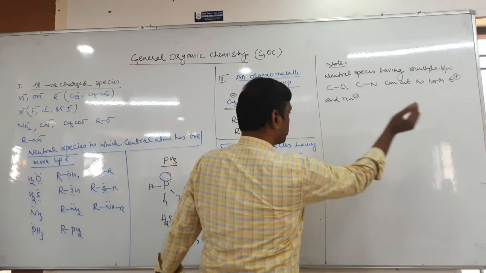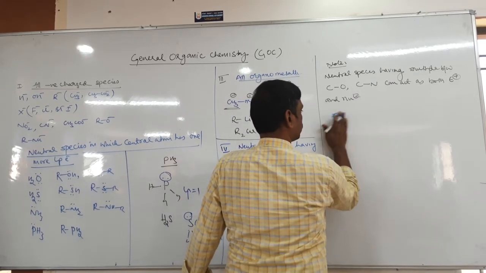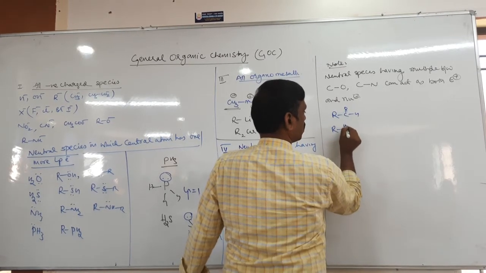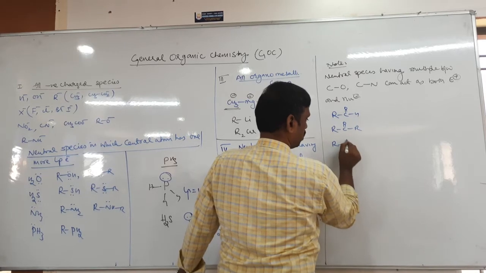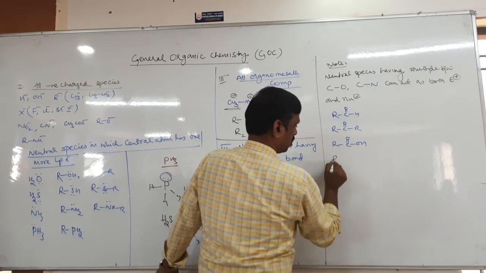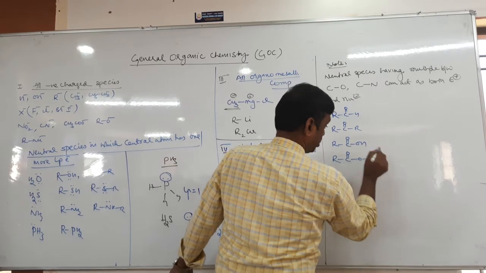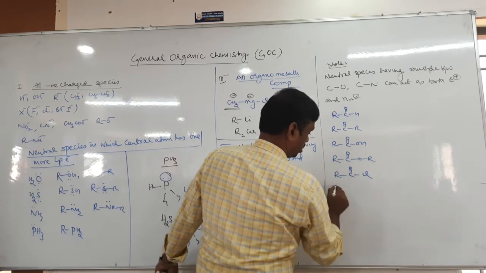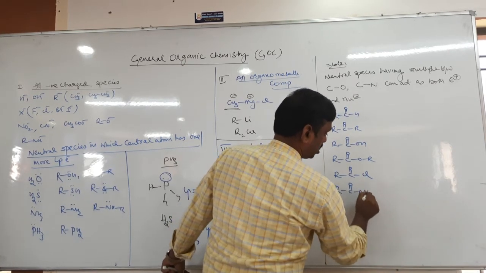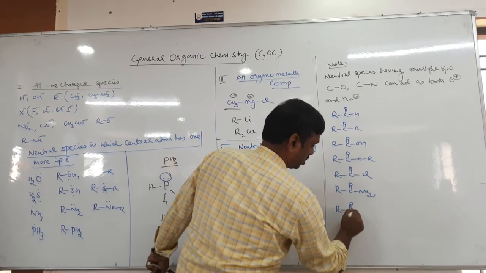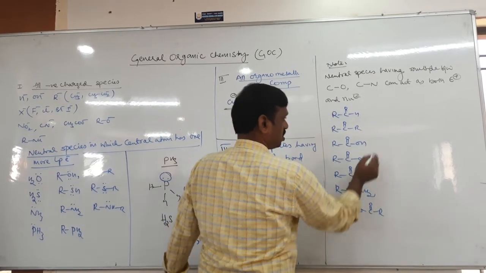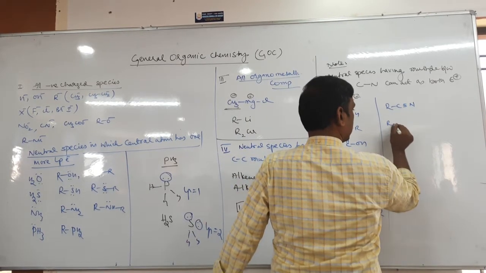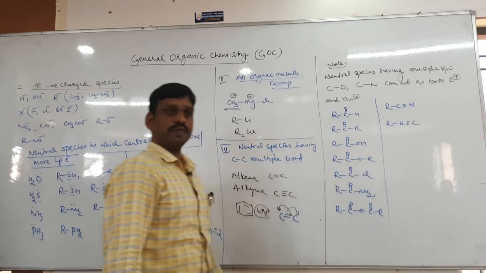Okay, examples. Let us take general formulas: aldehydes, ketones, carboxylic acids, esters, acid chlorides, amides, acid anhydrides, etc. and cyanides, isocyanides.